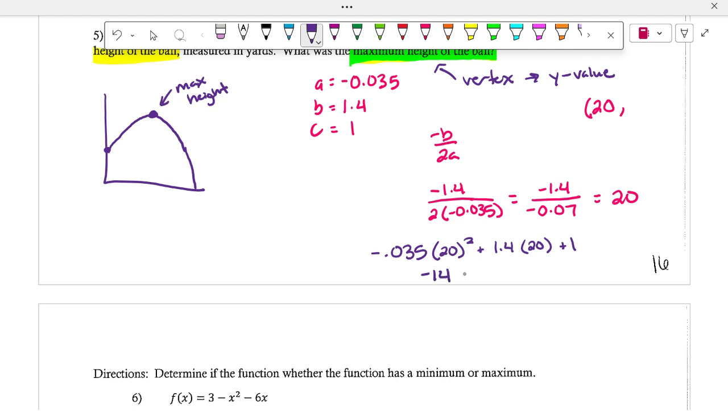All right. Plus, what's 1.4 times 20? 28. And then the plus 1. So negative 14 plus 28 is what? 14 plus 1, 15. So the y value of my vertex is 15. So the maximum height of the ball is 15 yards.